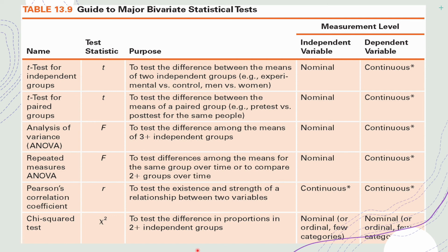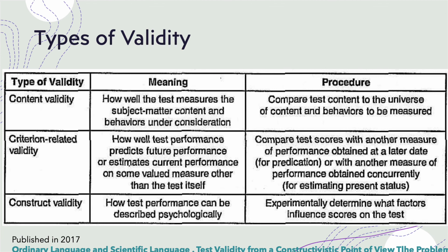And chi-square test is used to test the difference in proportions in 2+ independent variables. So remember, Pearson's is the strength of relationships of two variables. Chi-square is the difference in proportions in two independent groups.